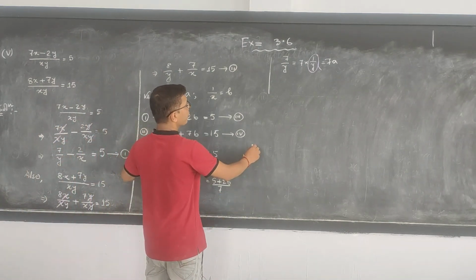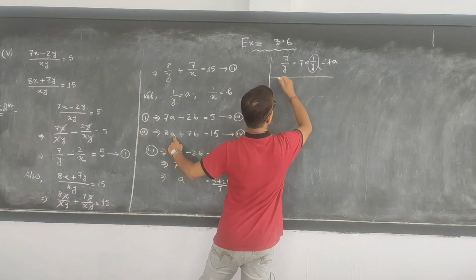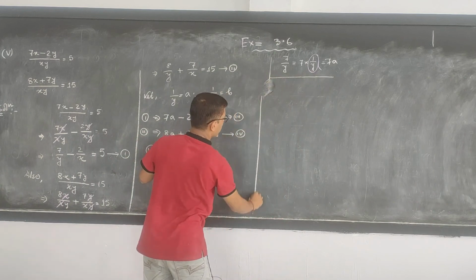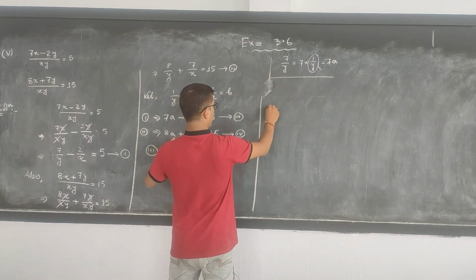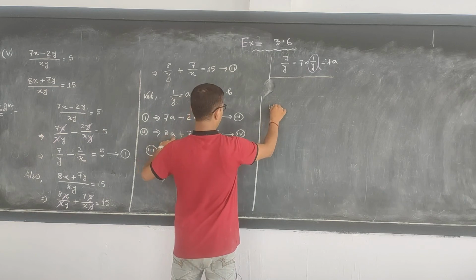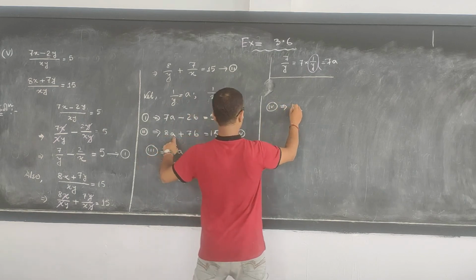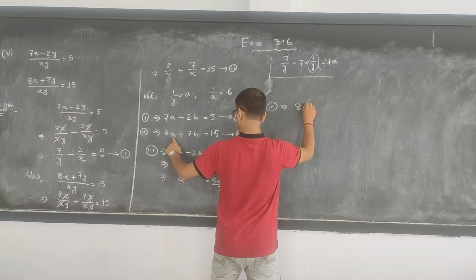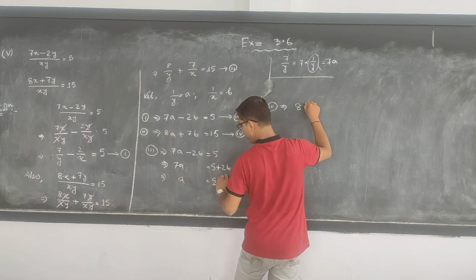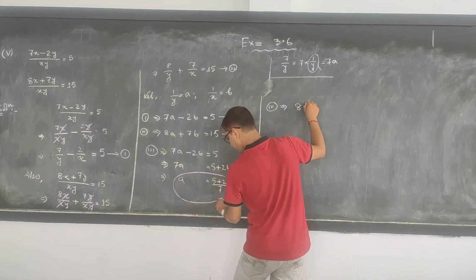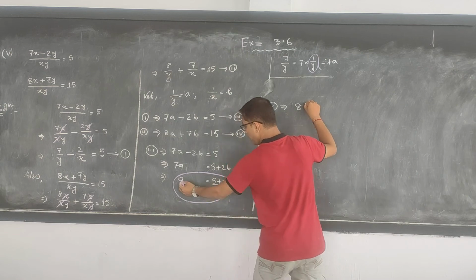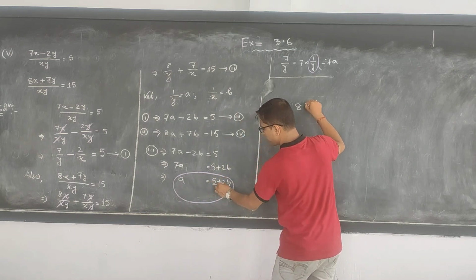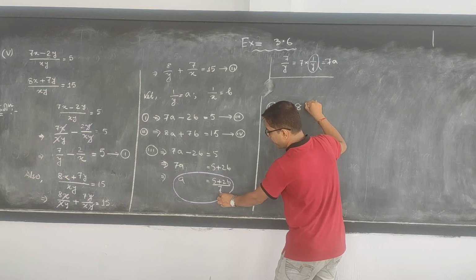Equation number 4 implies 8a. What is the value of a we have? The value of a is (5 plus twice b) by 7.